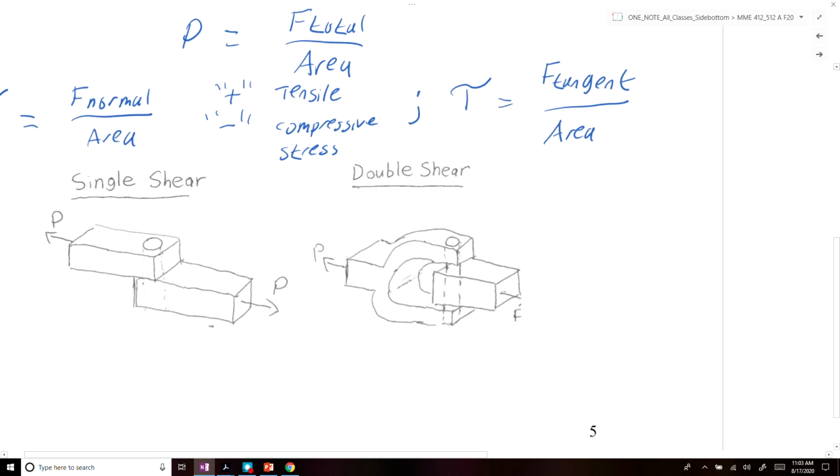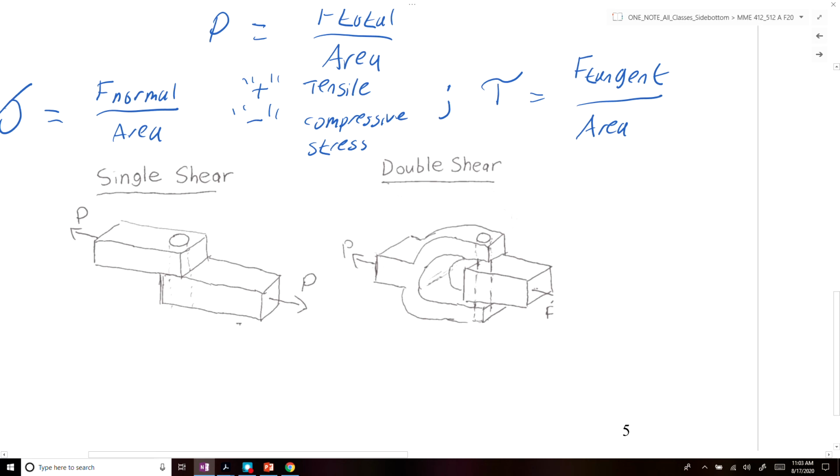Two of the most common cases where you encounter shear in common engineering components are if you have a pin that connects two bodies together, like we have on the left-hand side here.